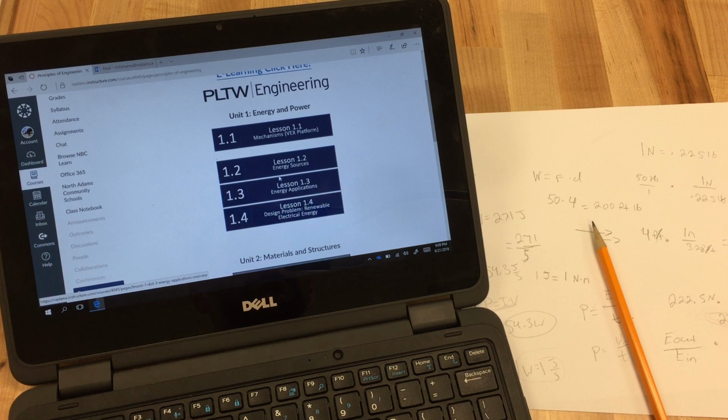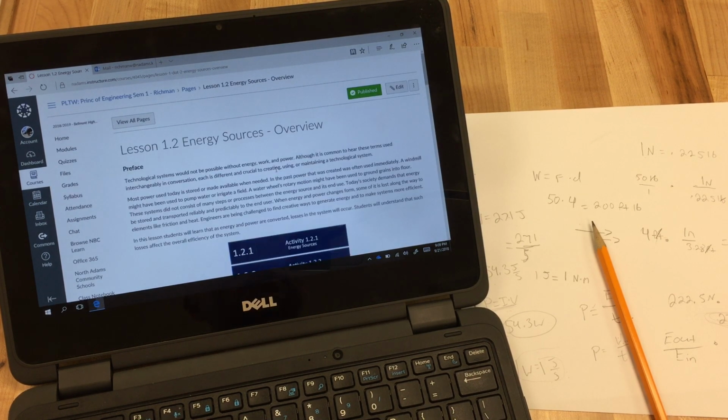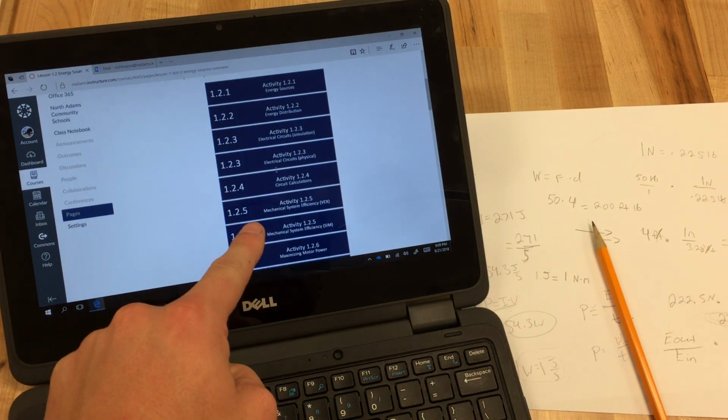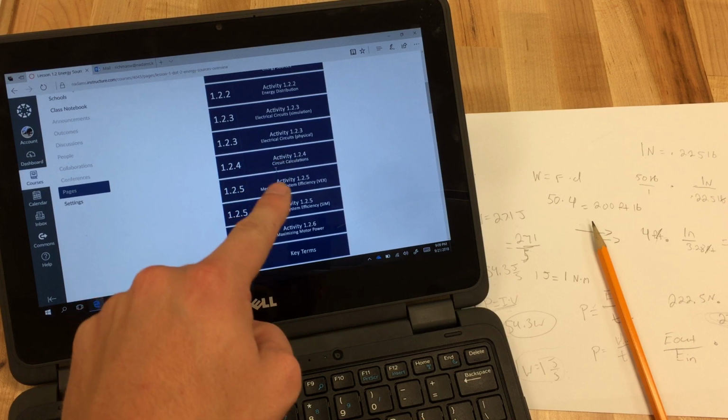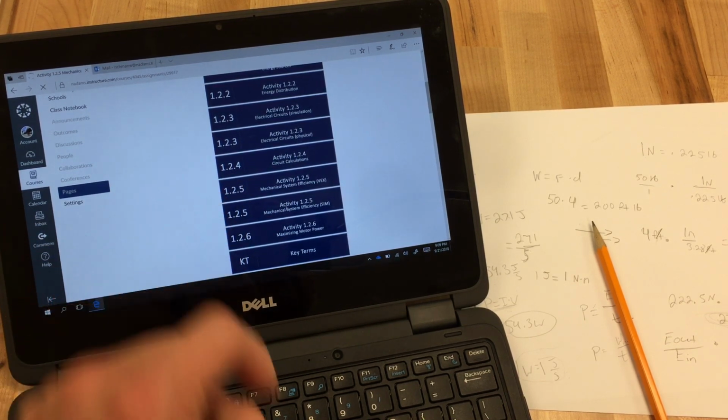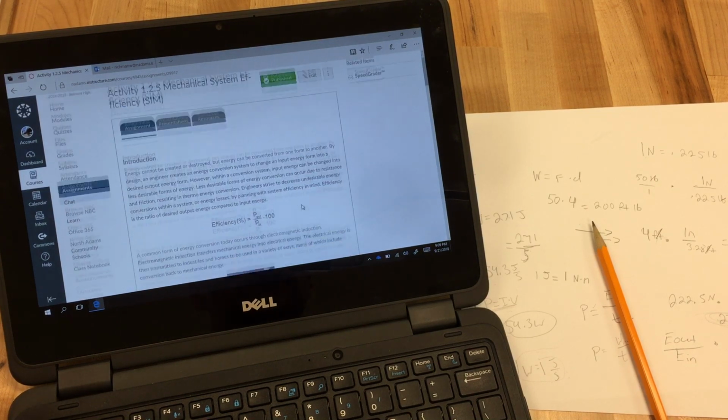Energy sources 1.2. And here we go, you have 1.2.5 VEX. We are going to do activity 1.2.5 SIM. So make sure you're in that.